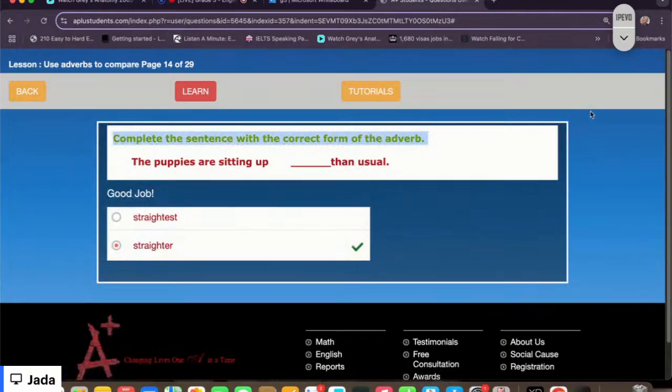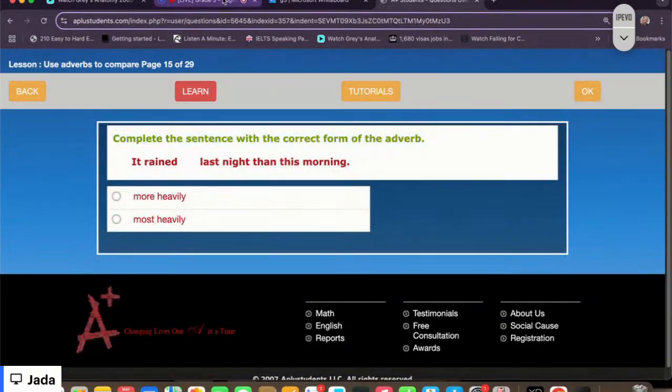Okay, that's it for our lesson on the adverbs that compare. Can you tell me if you have any questions?